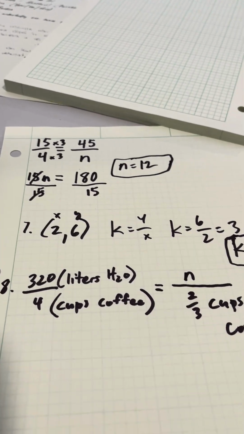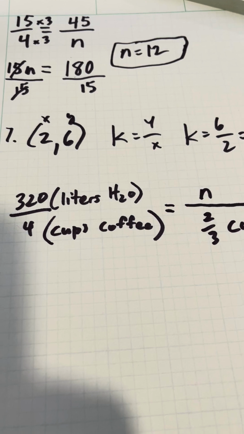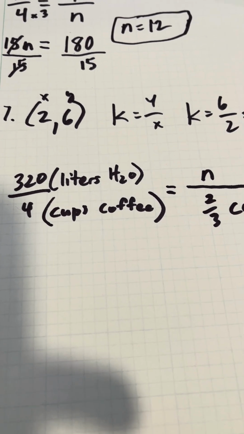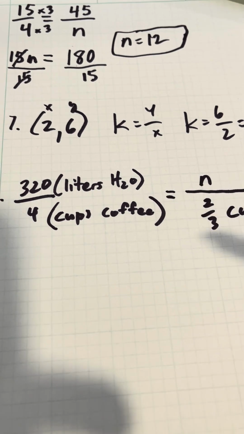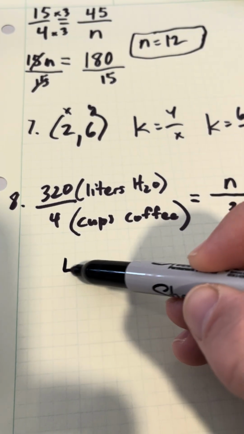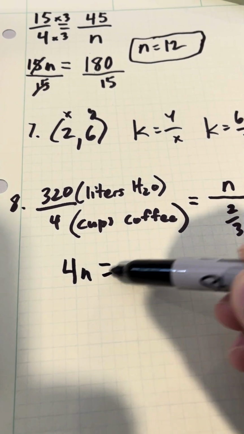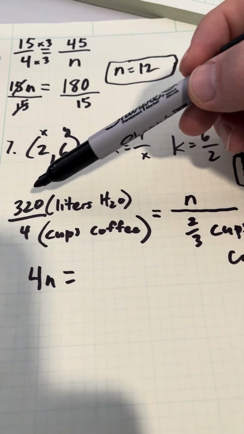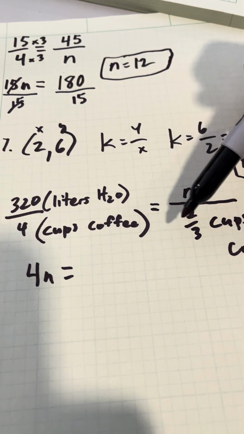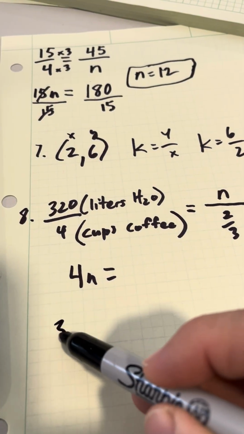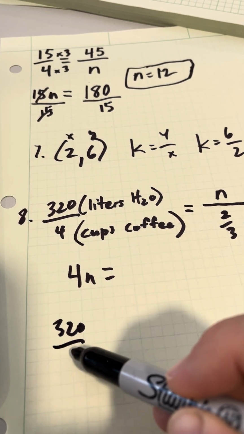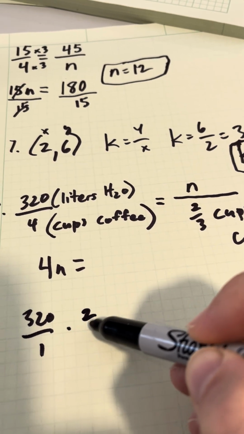So I like to solve these by cross multiplying. And that's how I'm going to do it, okay? So I'm going to take 4 times n. Well, 4 times n gives me 4n equals, cross multiply the other two, 320 times 2/3. Okay, so let's think this through. 320 over 1 times 2/3.